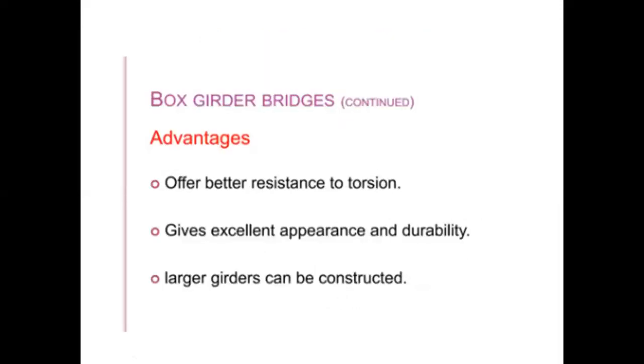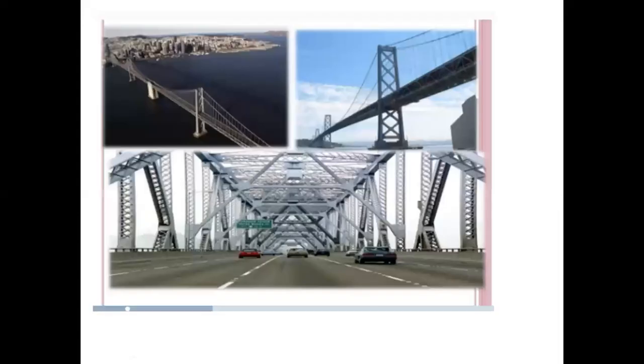The advantages of a box girder are that it offers better resistance to torsion, the appearance of the box girder is also excellent, and larger girders can be constructed if we use a box girder. So this is a standing example of box girder bridges.